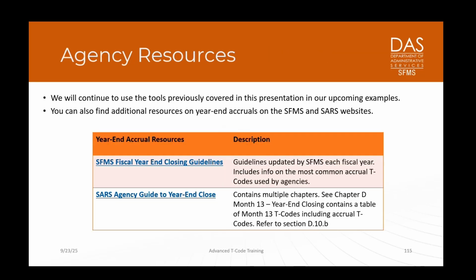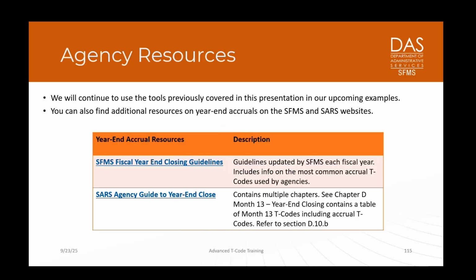We also have some very specific agency resources for year end in general, but they also include a lot of information about accruals. There are the SFMS fiscal year end closing guidelines, which we talk about in our user group before year end. We also have the SARS agency guide to year end close, that's on the SARS website.